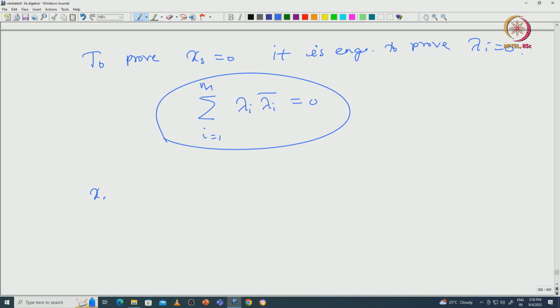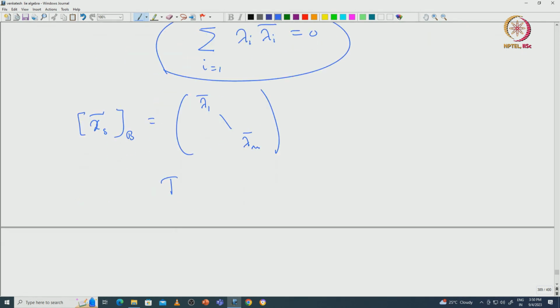Note that if we take this xs bar, which is the matrix whose diagonal entries, again with respect to the same basis, are lambda 1 bar etcetera lambda m bar. Now, what happens? If you compute the trace of xs bar times x, x is nothing but xs plus xn, so xs bar times x will be xs bar times xs plus xs bar xn.